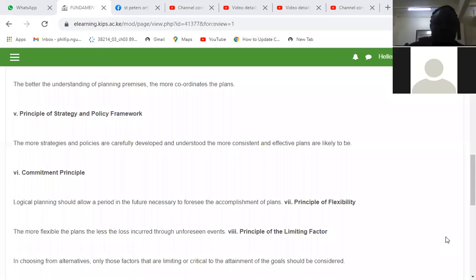So even if you have set objectives, give an allowance for change. You can either modify them according to the situation, or you can change the objective and come up with another objective. Another one is the principle of limiting factor.